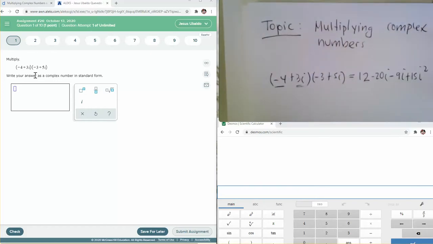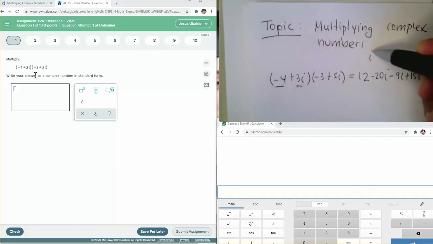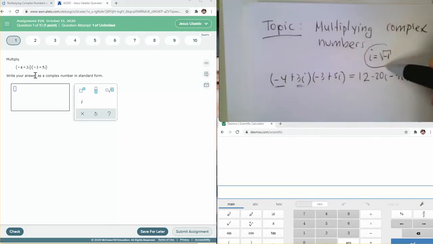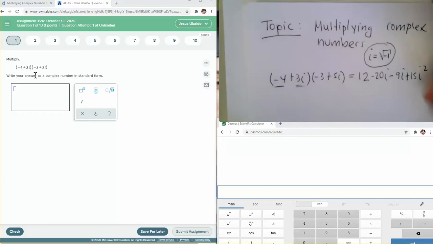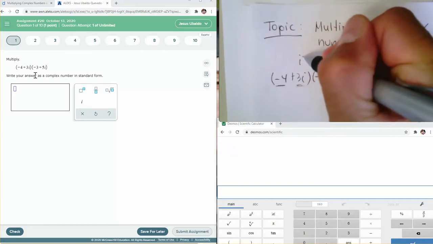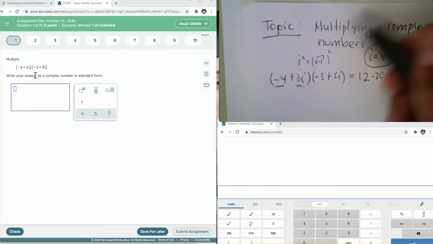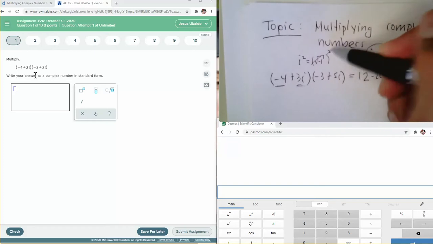Okay, so now we need to remember that i was defined as the square root of negative 1, right? This is the definition of the imaginary number. Now, if I do i squared, then I will square this expression, and the square root, they cancel.